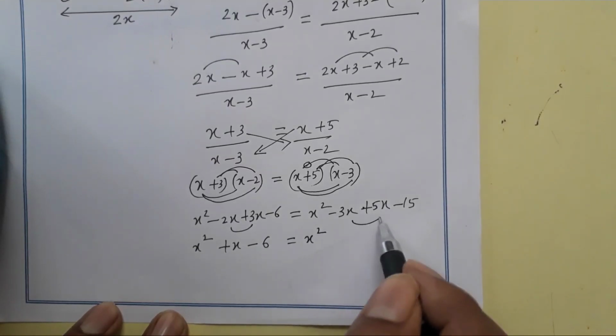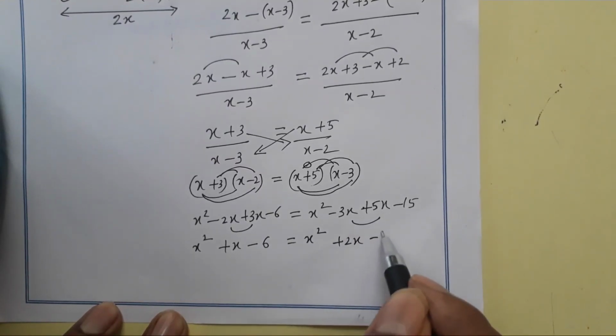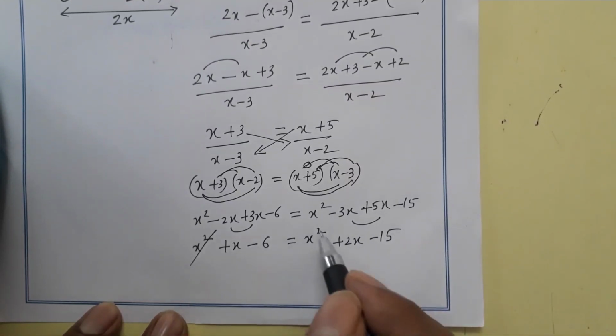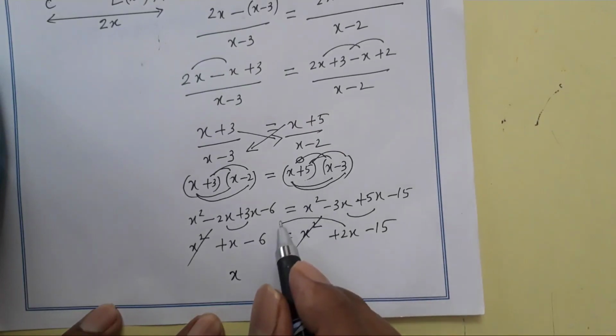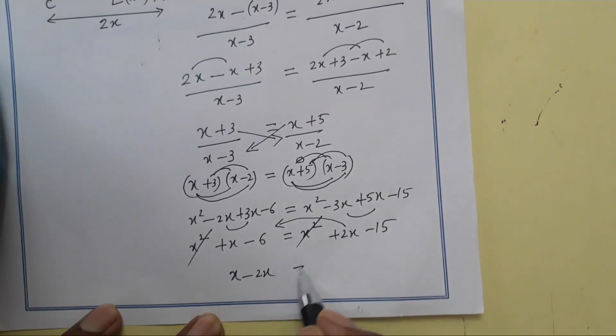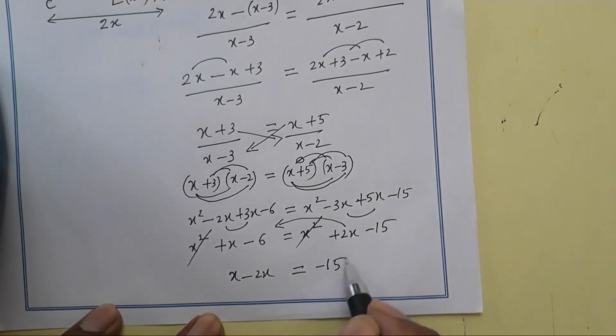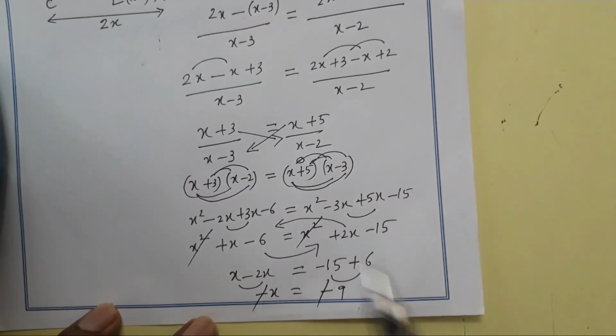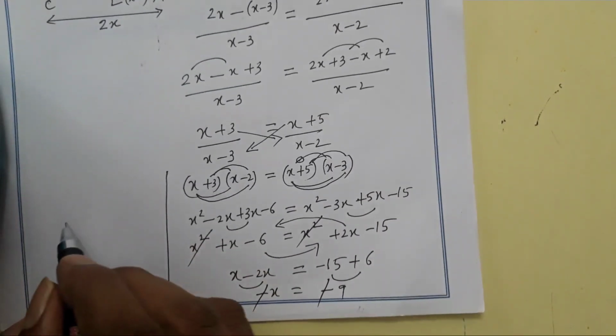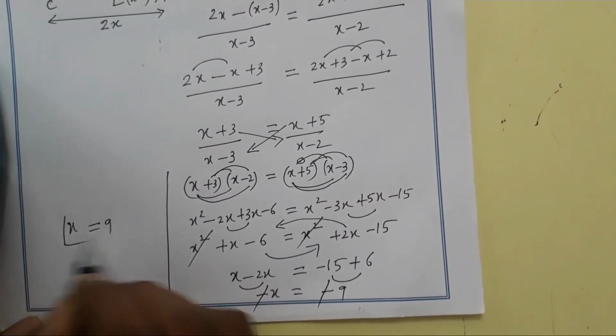Here it is X square plus 2X minus 15. This X square on both sides gets cancelled. Now X plus 2X you transpose here, minus 2X, minus 15, minus 6 you transpose here, plus 6. It is minus X, this is minus 9. So minus minus you can cancel on both sides, then X is equal to 9.